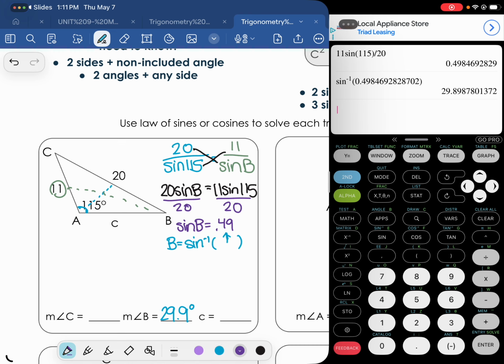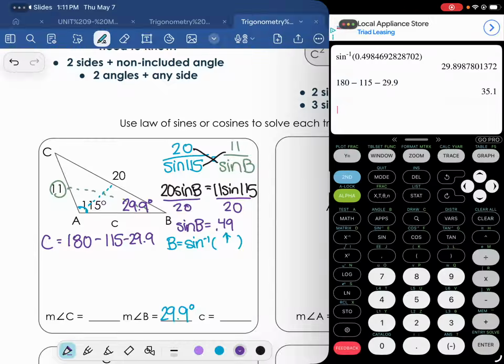So in order to get angle C, because I know that this is a triangle and B is 29.9, I would do angle C is 180 minus 115 minus 29.9, which is 35.1. So now that angle is 35.1.